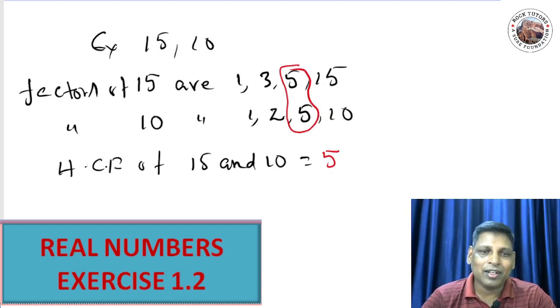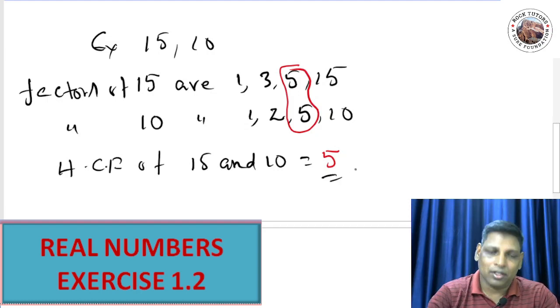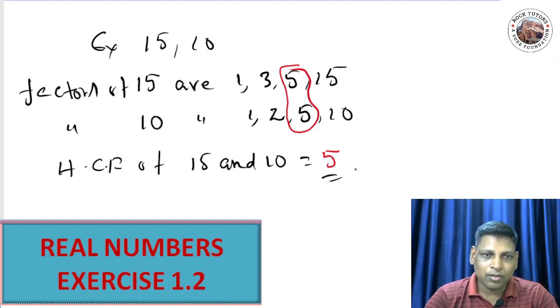No, because their HCF is more than 1. So the HCF is not equal to 1, 5 is not equal to 1. Therefore, you can say that 15 and 10 are not co-primes. This is the definition and the meaning of co-primes.